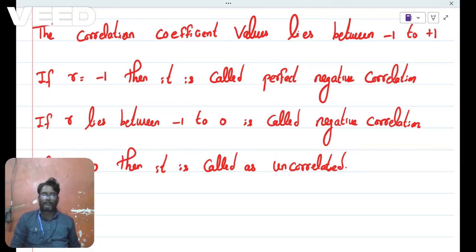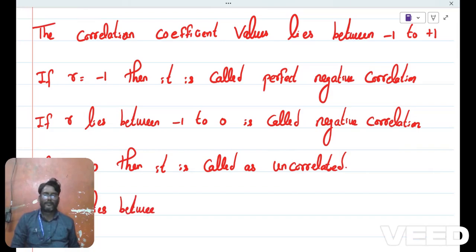If r lies between 0 to 1, then it is called positive correlation.